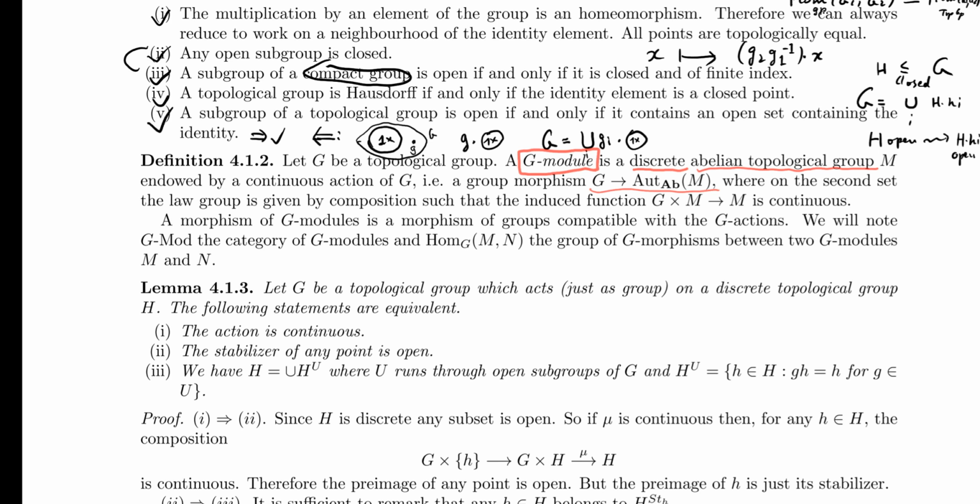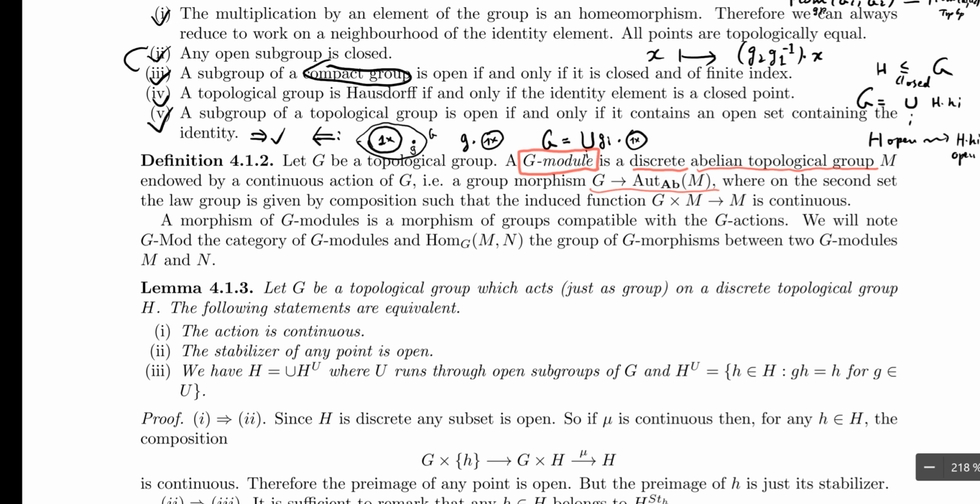The third is we can write this discrete topological group as the union of the fixed points of H by open subgroups of the group G. Okay, this tells you when a discrete abelian topological group is endowed with a continuous action.